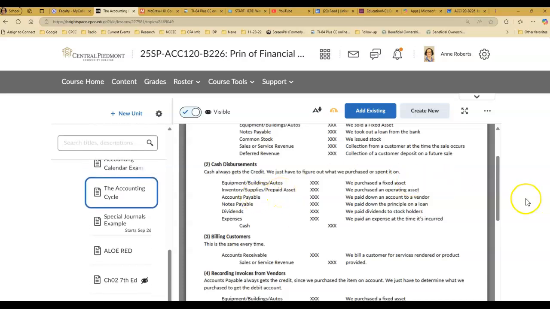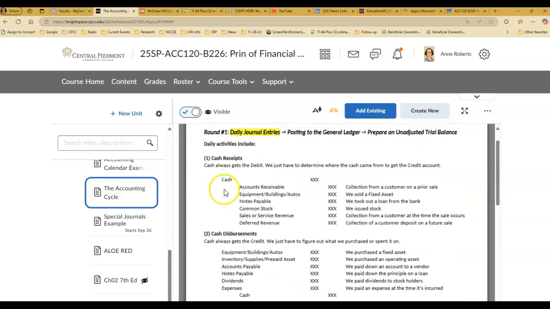Now, just as a quick review, again, just think about what's happening here. If cash is going up, that means we collected an accounts receivable. If cash goes up, maybe we sold equipment, buildings, and automobiles. Now, we're going to get to that in detail in chapter 8 or 9. Okay?